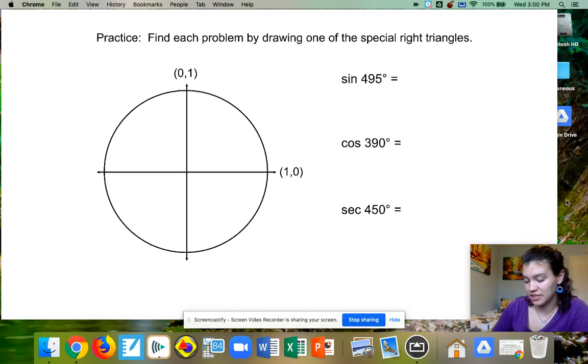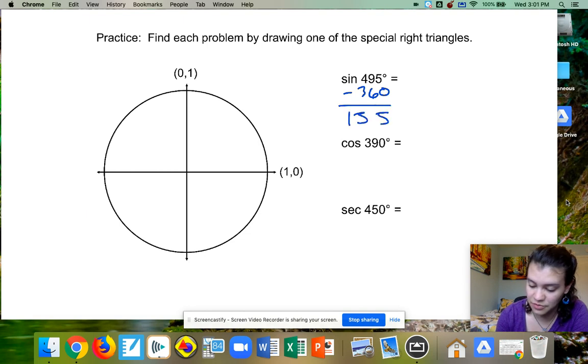So then the other option is angles that are larger than 360 or larger than 1 time around the circle. So if you have sine of 495, you need to figure out, well, what would that be on the unit circle? And how many times did you go around? So you can subtract 360 and you'll get 135. So this will be the same as sine of 135 since they're coterminal angles.